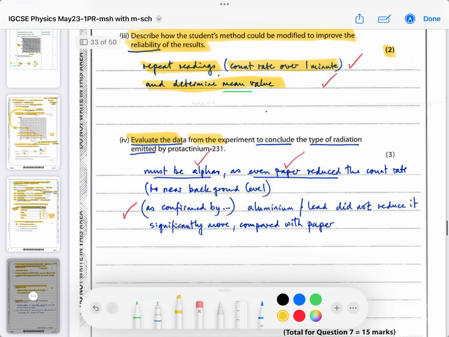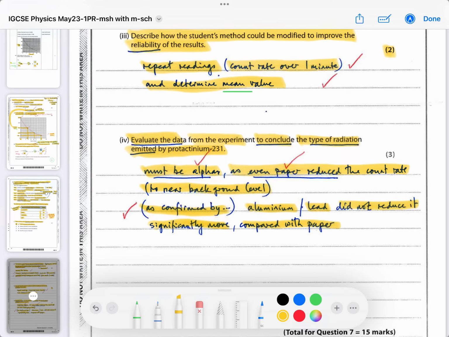Evaluate the data from the experiment to conclude the type of radiation emitted by the protactinium. Well, we've already said from my discussion that it must be alpha, as even paper reduced the count rate substantially to near the background level, at least if we'd measured it. It was certainly very low, like 10, 11, 12, 13, 14, in that range, as confirmed by the fact that aluminium and lead did not reduce it significantly more compared with paper.